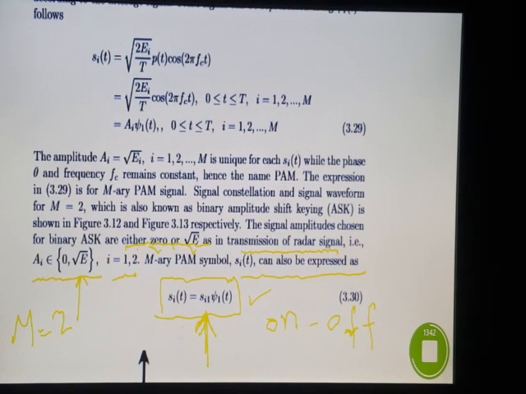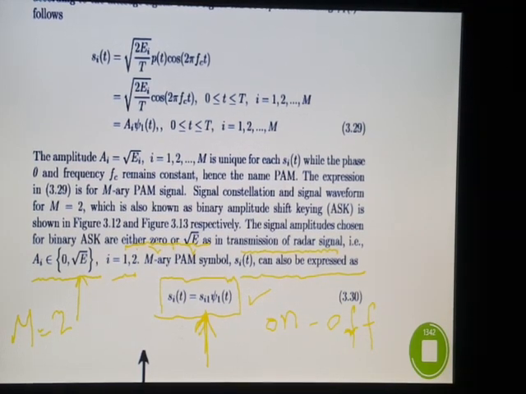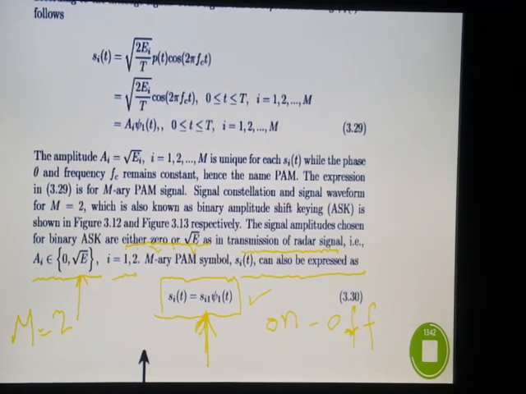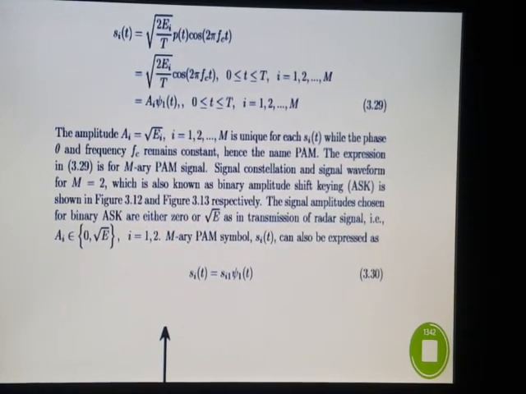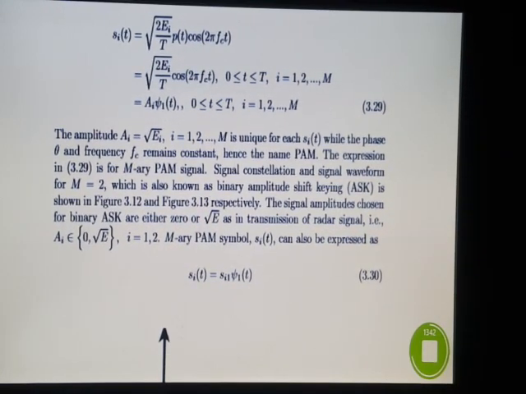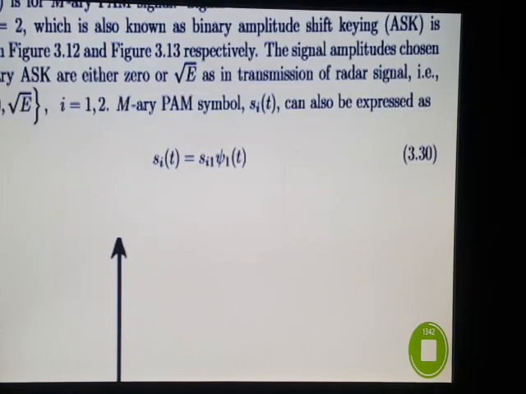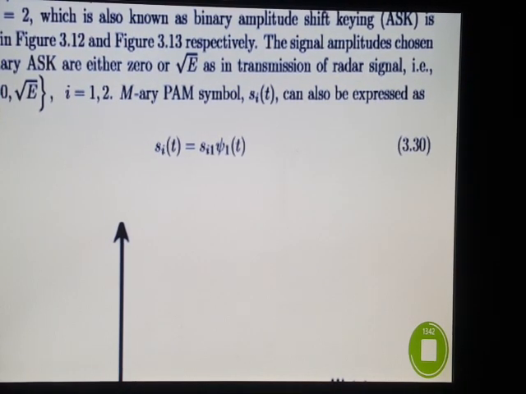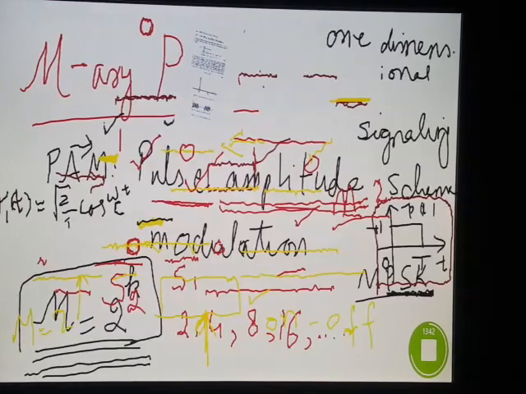If you have higher values of M, of course you have more amplitude values, for example 4 when M is equal to 4. Let me go to the next slide where we have free space.